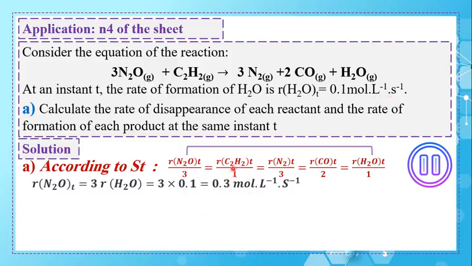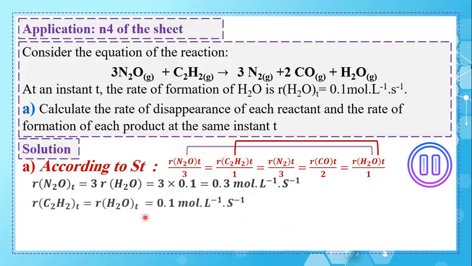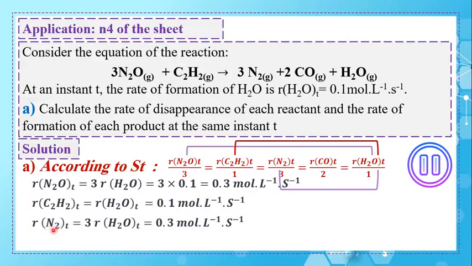For C2H2, the same, we will get 0.1 mole, liter minus 1, second minus 1. For N2, the instantaneous rate of formation of N2 at instant T is equal to 3 times that of H2 equal to 0.3 mole, liter minus 1, second minus 1. And also this is the instantaneous rate of formation of CO.